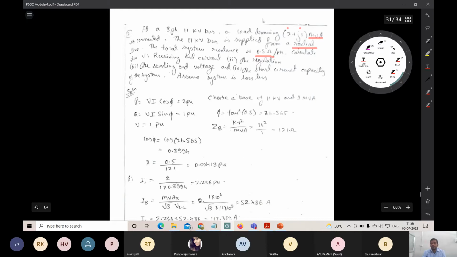So this is our complex power S, S is equal to P plus JQ. So P is 2 per unit, and Q is 1 per unit. Okay, 2 unit, 1 unit. So V, we are taking the base value as 1. So for 11 kV, 1 MVA.